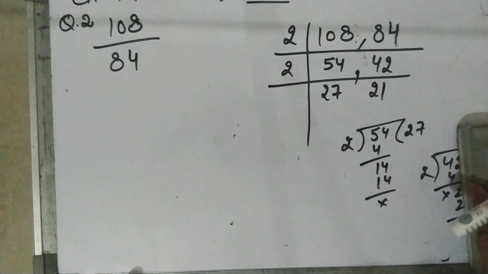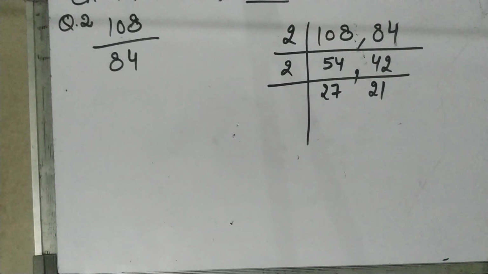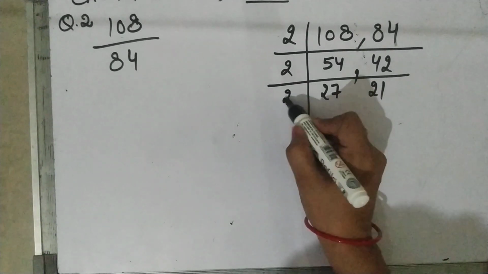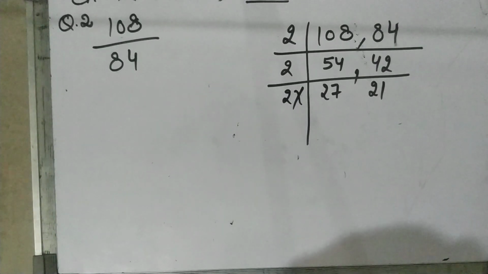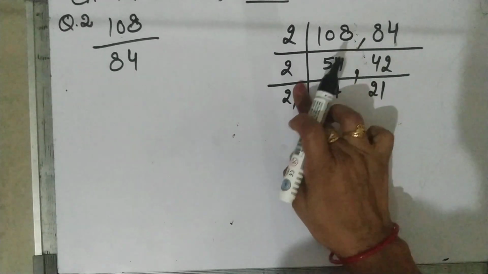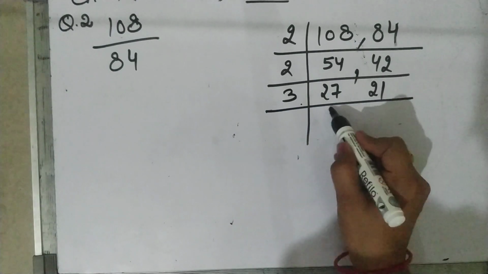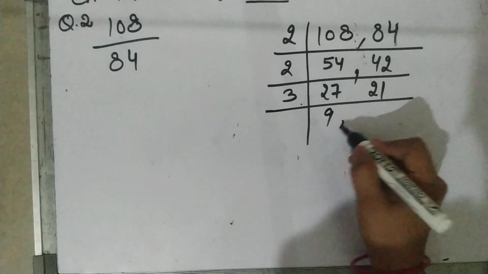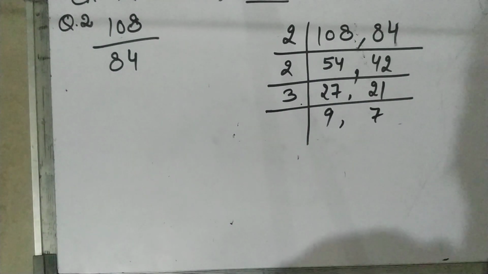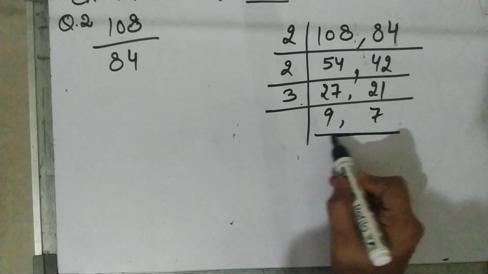Now, can we further divide this one more time or not? If I am taking the number 2, then no. In the table of 2, there is no 27 and no 21. Instead of 2, I am taking 3. 3 9s are 27 and 3 7s are 21. Now we can't divide these two numbers any further.